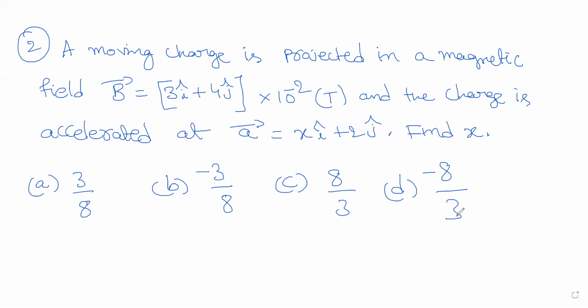Noted. Hopefully noted. I'll clear this. Option D is the right answer. You can take it. So we'll see why option D is the right answer. I told you Fm bar is Q into V bar cross B bar.